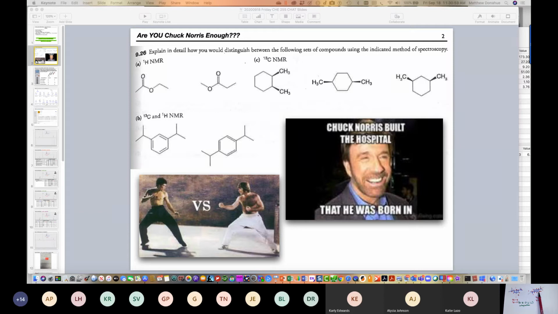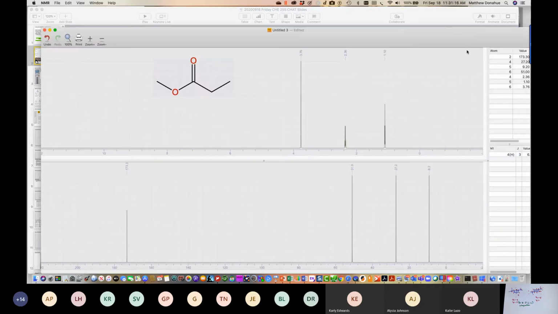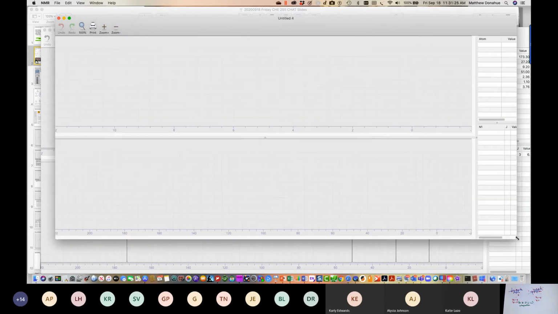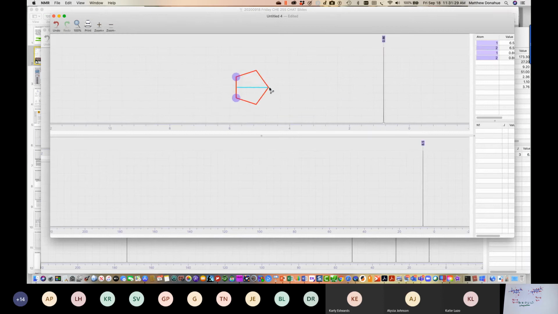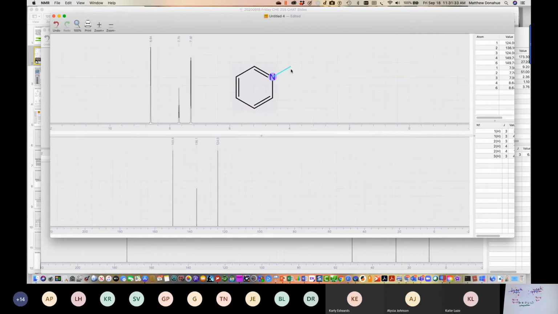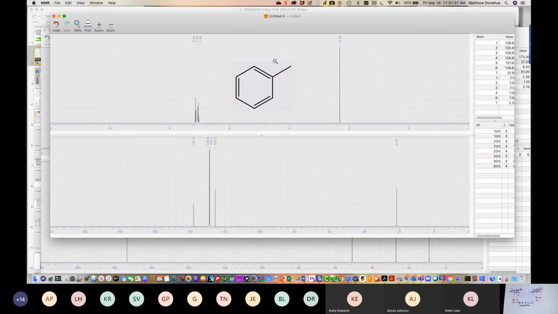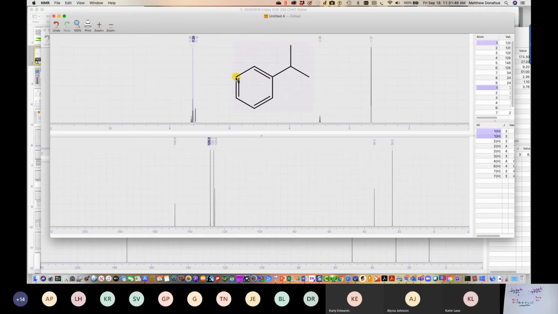Okay. So unique types of hydrogens in this molecule. So I see 3 showing up in the chat.